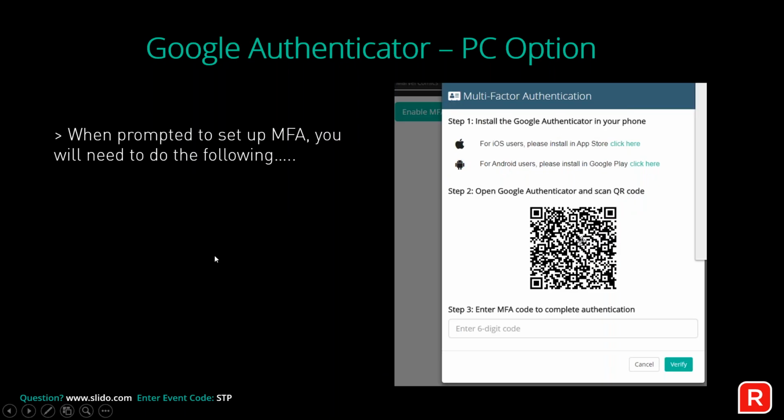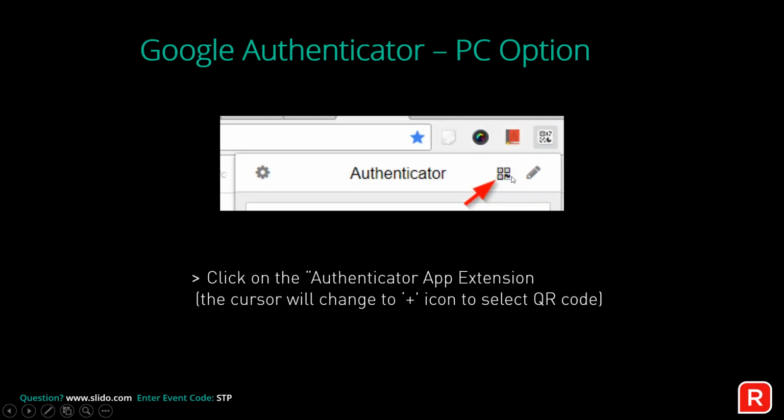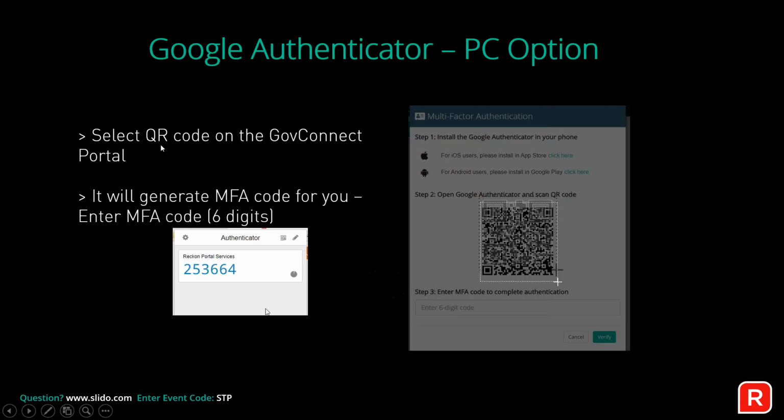So when you go into GovConnect, you'll be asked to authenticate. So what you'll need to do is go back to your browser, click on the authenticator icon. You'll need to select the QR code on the GovConnect portal, and you'll see a number generated on your screen, and you'll just enter that into the Enter MFA code field.